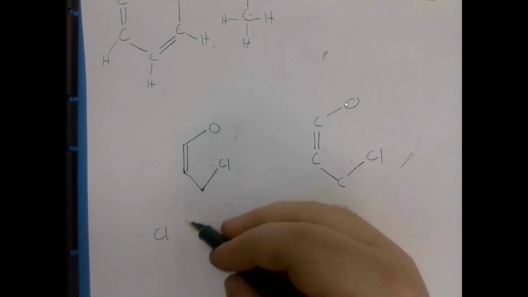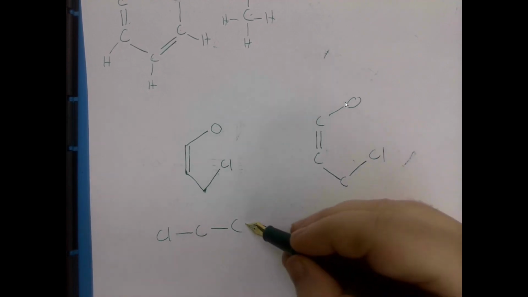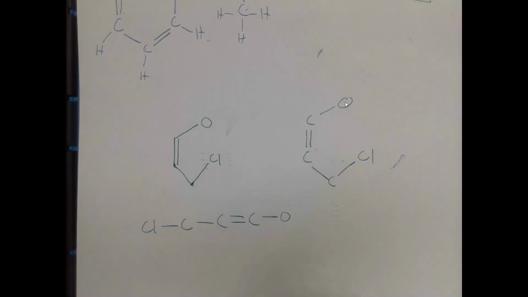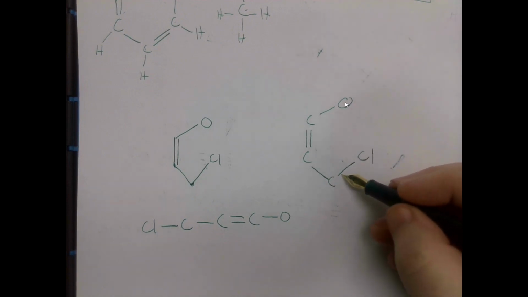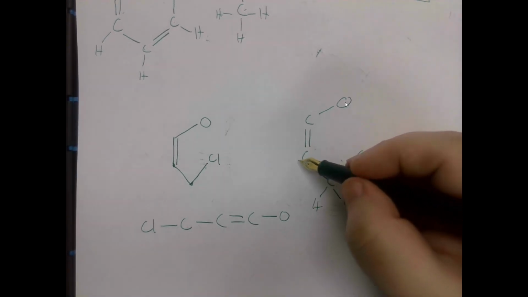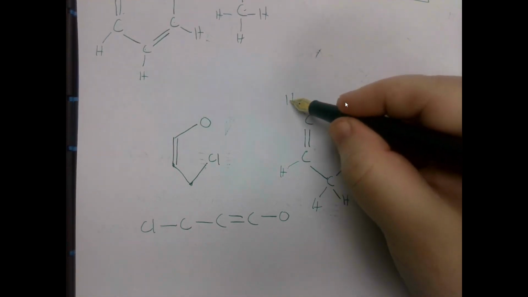I have a chlorine attached to a carbon, attached to another carbon, double bonded with a carbon, attached to an oxygen. So all the carbons, you need 4 lines around it. 1, 2, 3, 4. 1, 2, 3, 4. 1, 2, 3, 4.